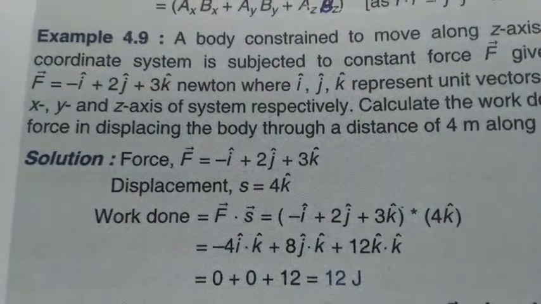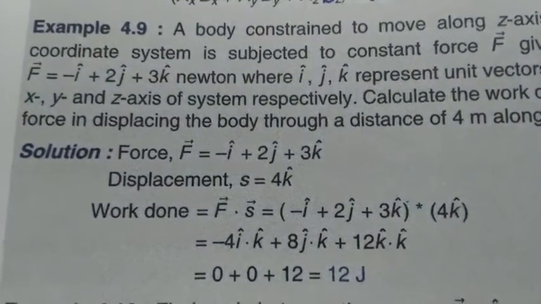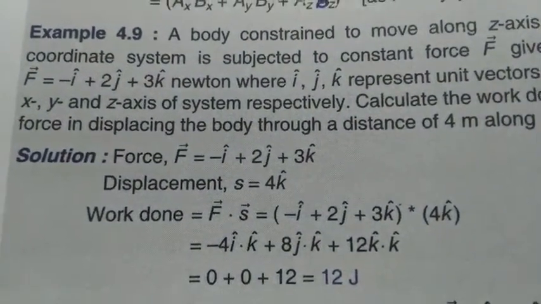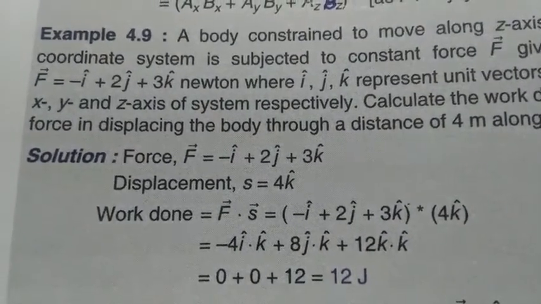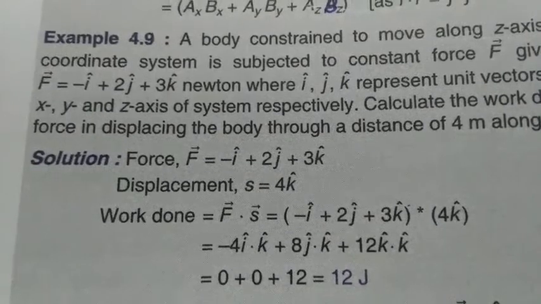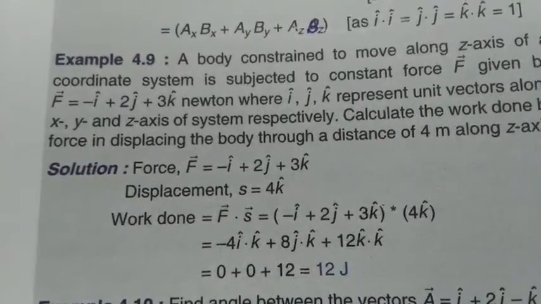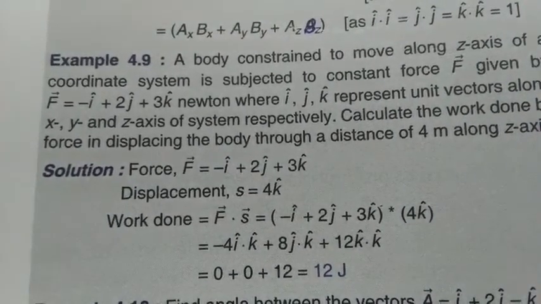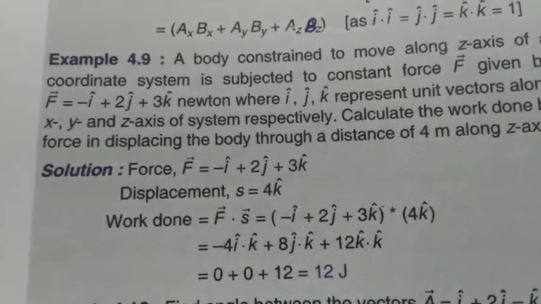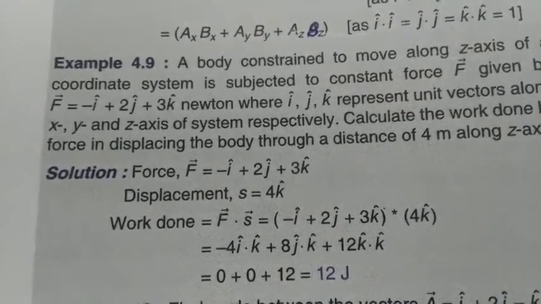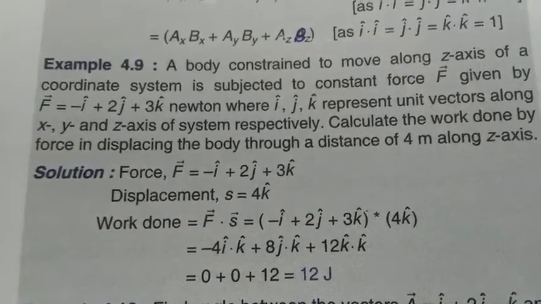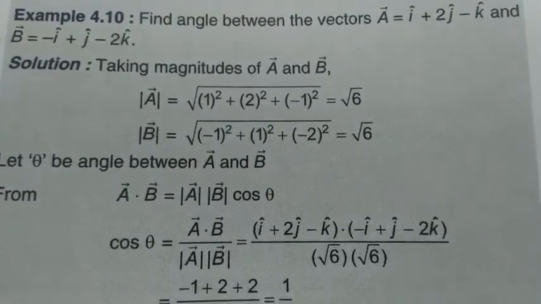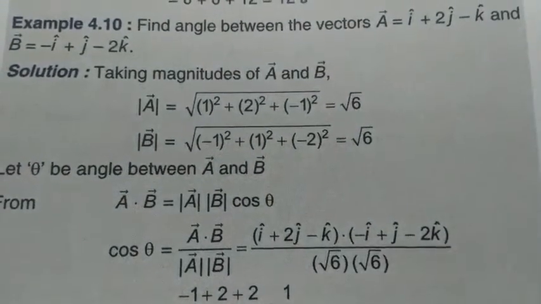So the values of i and j will simply become 0, and we have only the value of k as resultant. So 3k into 4k is 12 k dot k, and because k dot k is 1, we simply have 12. So the work done here is 12 joule. Now I hope you all have understood how to find out the dot product.